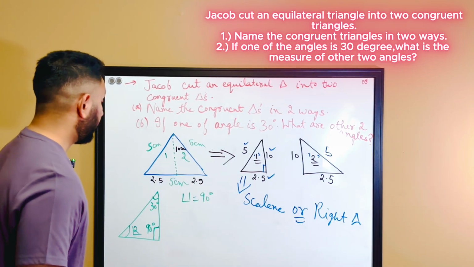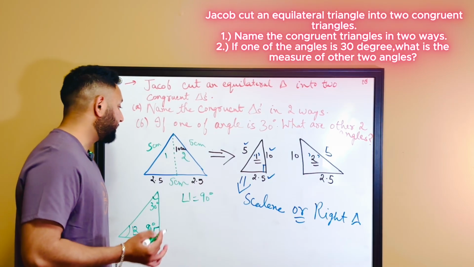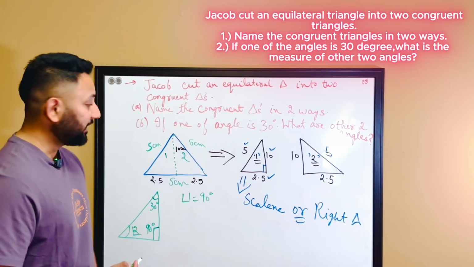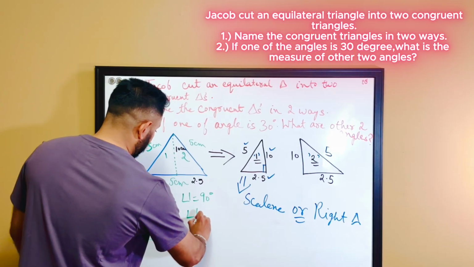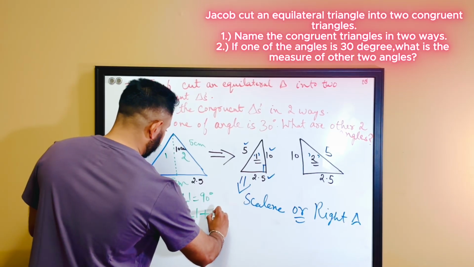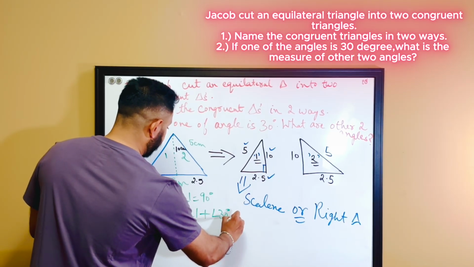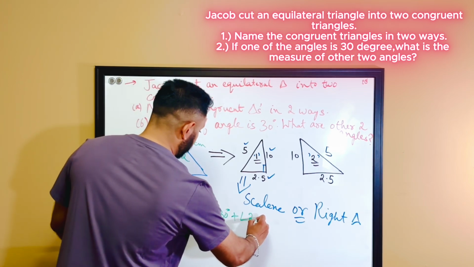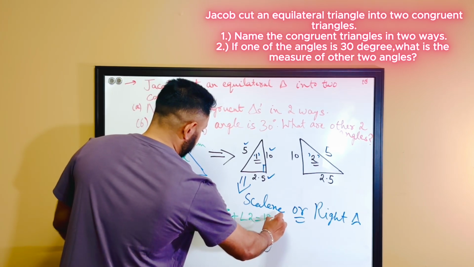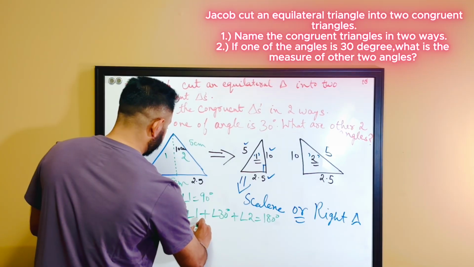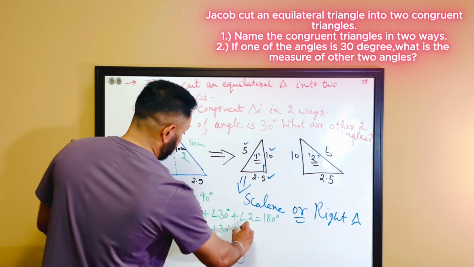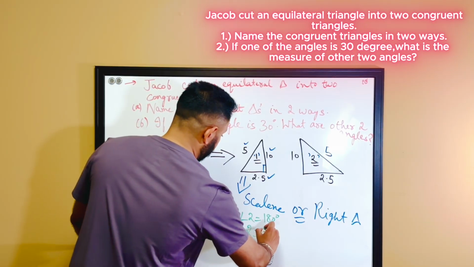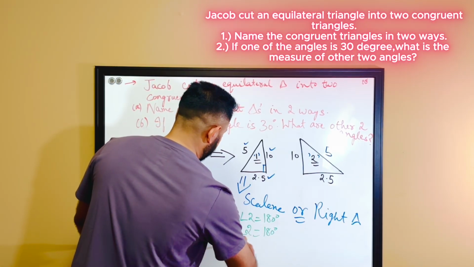We also know that the sum of the angles in a triangle is 180. So let's apply this property. Angle 1 plus 30 degrees, what we are given, and angle 2. So angle 1 is 90 degrees, and this is 30, and angle 2 we need to find out.